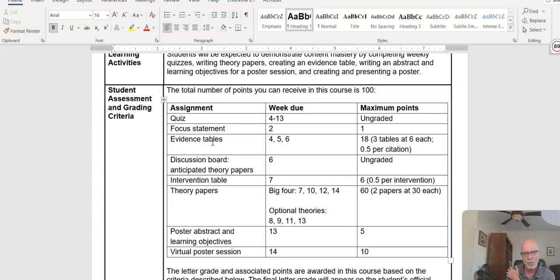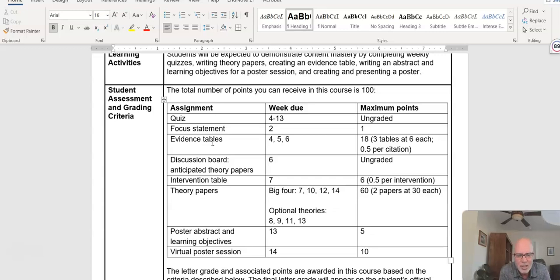The evidence tables and the intervention table are medium stakes assignments, meaning that there are some significant points attached to it, but not a tremendous amount of points, right? Each table is worth 6 points, so a total of 18 points. That certainly is enough. If someone were to not do well on their tables, that's enough to keep them from getting an A in the course. However, it's not enough to be devastating to their grade, right? It's not a huge high stakes point, but it is significant still.